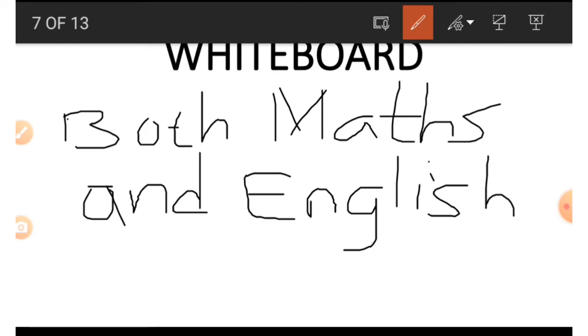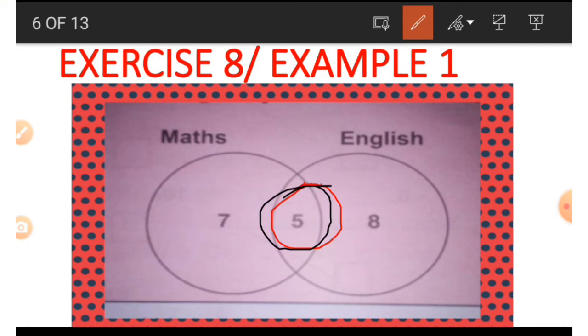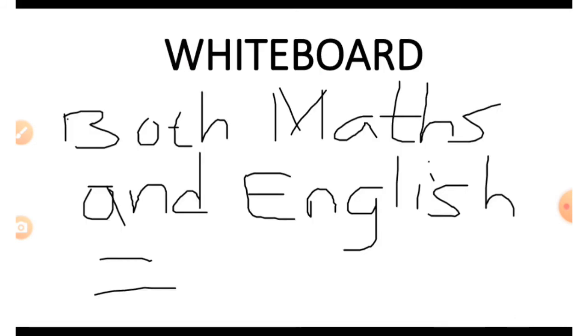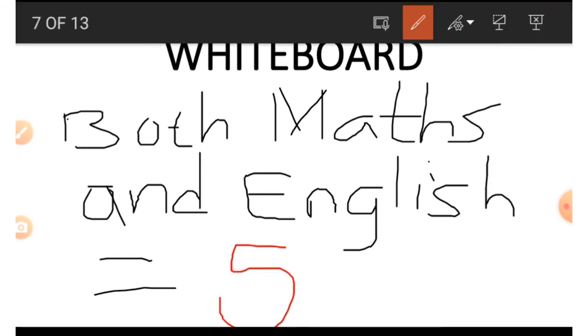Let's go back to the diagram again. What do we see there? The number is 5. So that means if we are asked to find the number of pupils that offer both mathematics and English, we simply put 5.